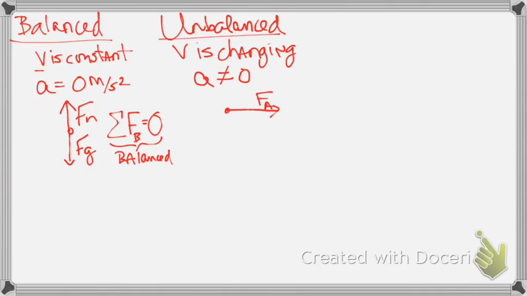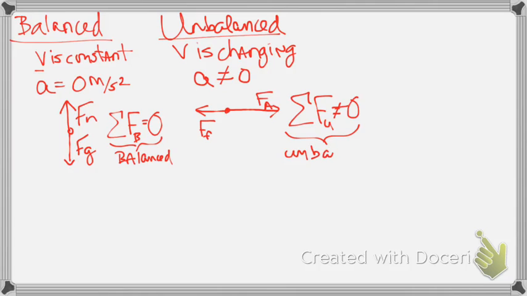You're shoving a book down. And then you've got friction over here. Well, you're still moving, which means that your applied force is going to be bigger than your friction force. So if you were to add these forces up, it would not equal 0. Okay? This would be unbalanced.